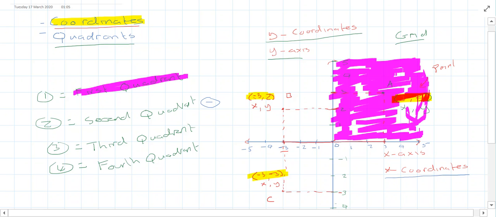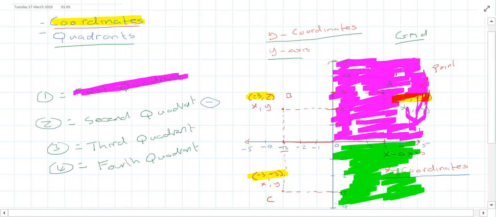Then if you take this whole space down here, this is what's known as the second quadrant.